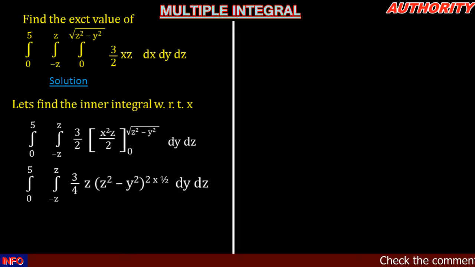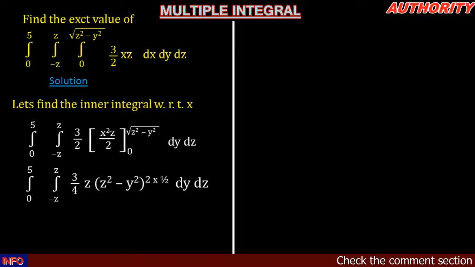Now this square root of z squared minus y squared is the same thing as saying z squared minus y squared in bracket raised to power 1 all over 2, but here we have x squared, and then replacing the x with this square root of z squared minus y squared. That means we're going to have open bracket z squared minus y squared close bracket to the power 2 times 1 all over 2.